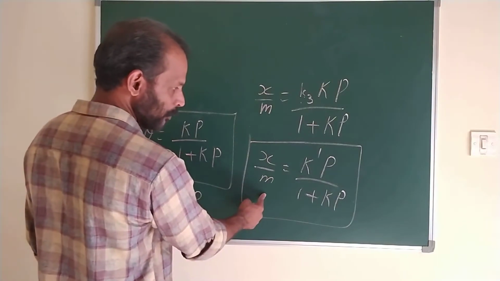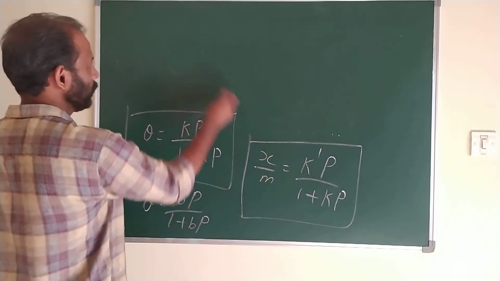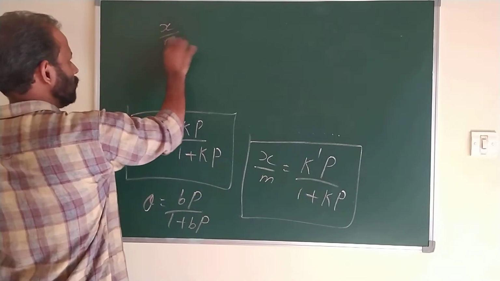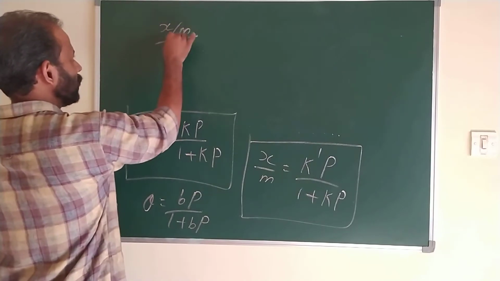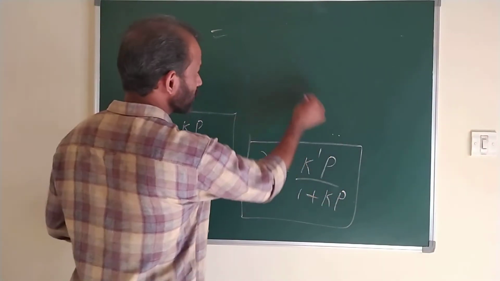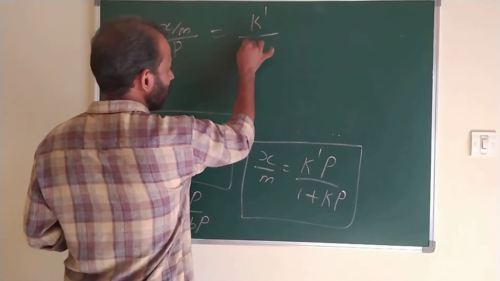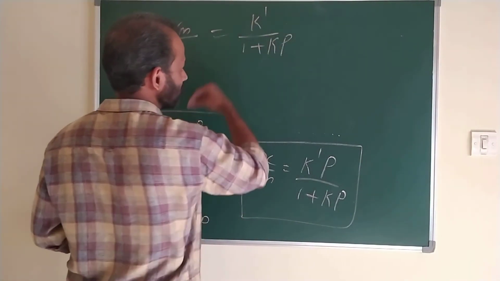Divide this by p, and we get x by m divided by p equals k dash p divided by 1 plus Kp, divided by p. So this p and this p cancel, and we get k dash divided by 1 plus Kp.